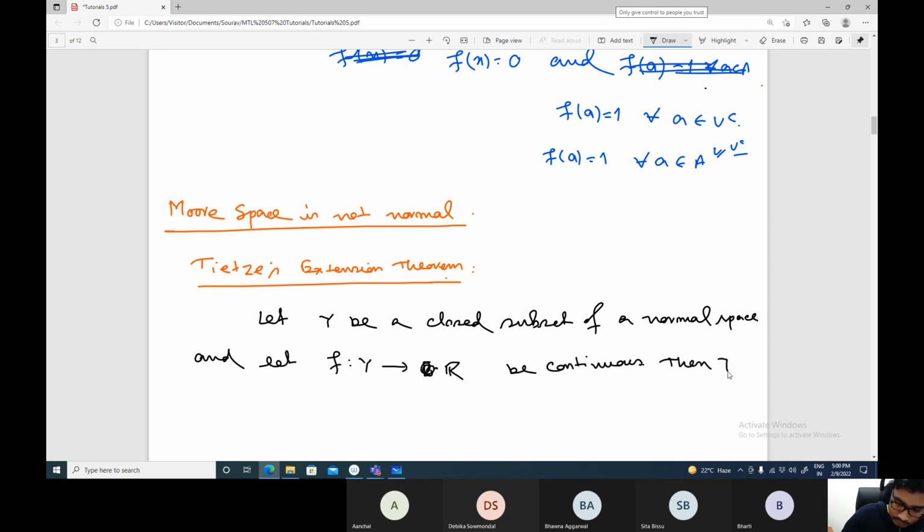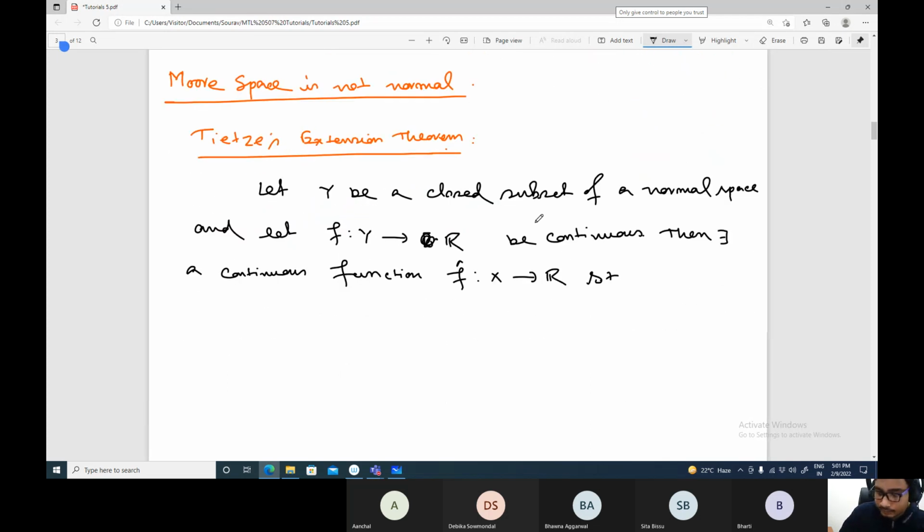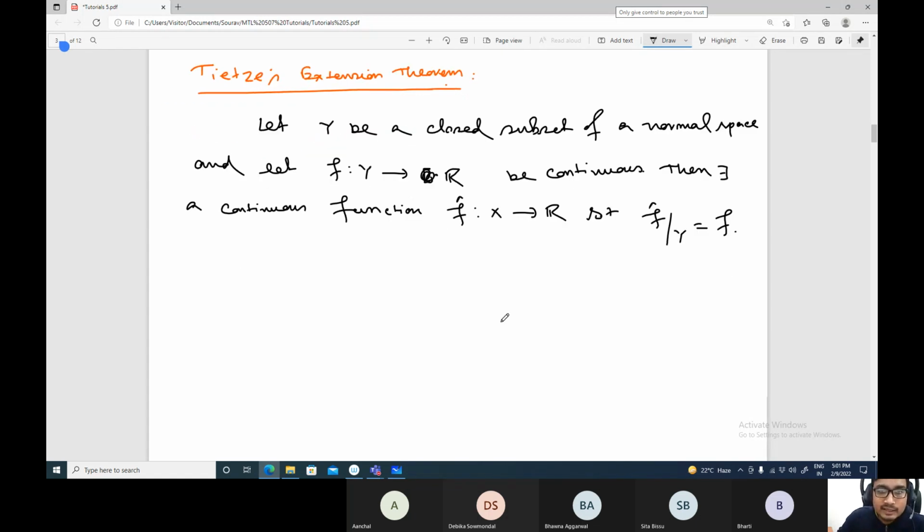Then there exists a continuous function f hat from X to R such that f hat restricted to Y is equal to f. Okay. This is the statement of the Tietze extension theorem.